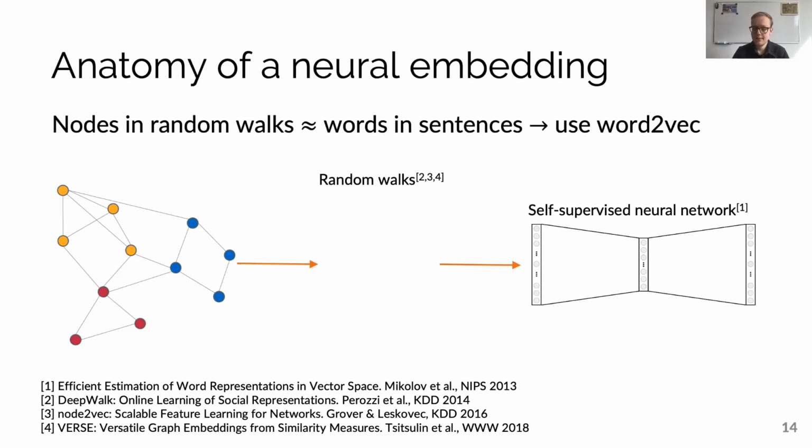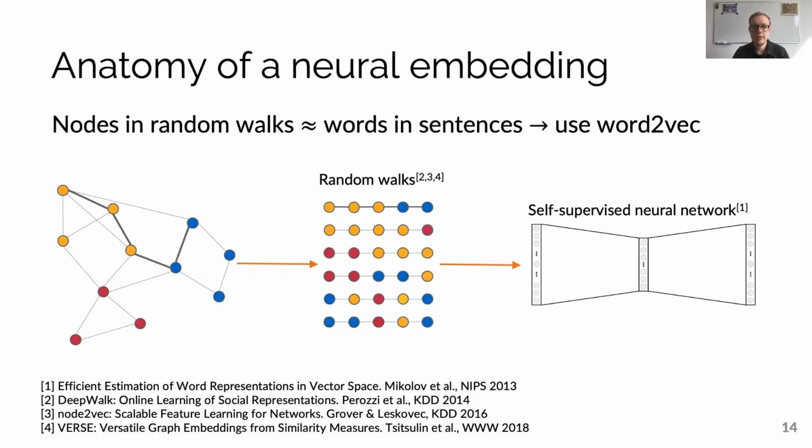So for example, if we have a corpus of these random walks, we can select a node and use it as an input of a shallow neural network, also called a self-supervised neural network. And we try to predict some other context node as an output of this neural network.